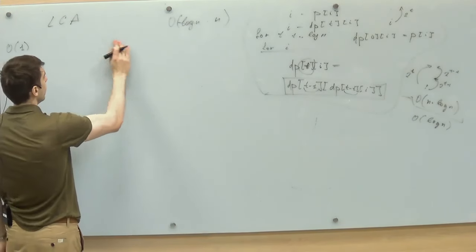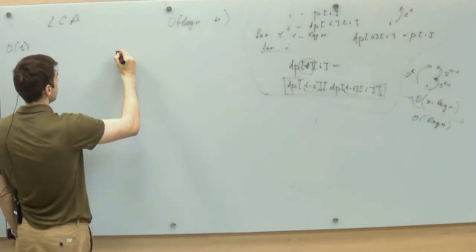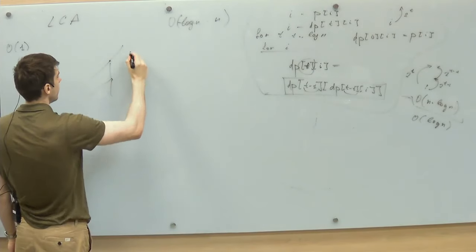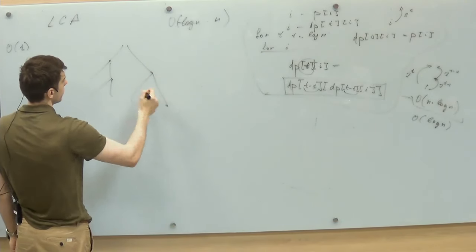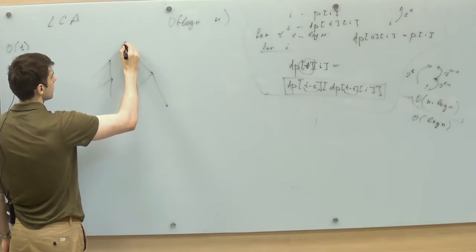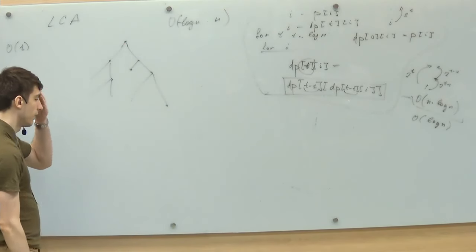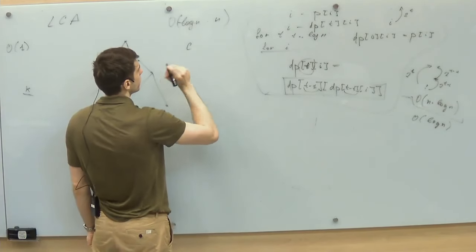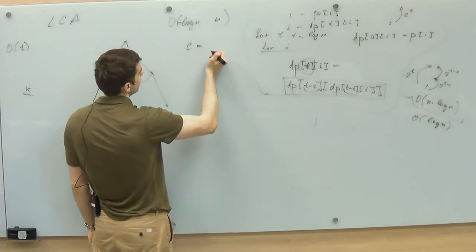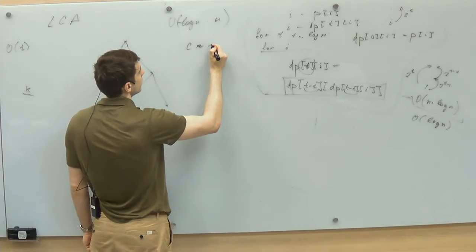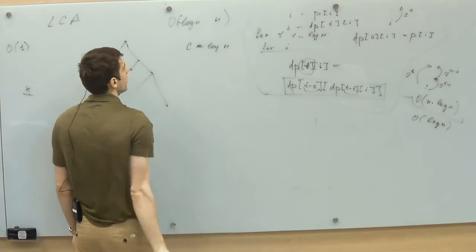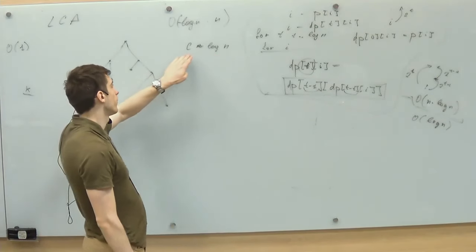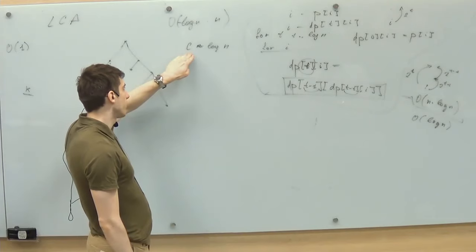But this is the following feature that allows us to remove the logarithm from both time and memory. So let's imagine we have some tree here. Let's pick a constant c which will be about log n. Once you know the size of n, you can pick the appropriate constant.